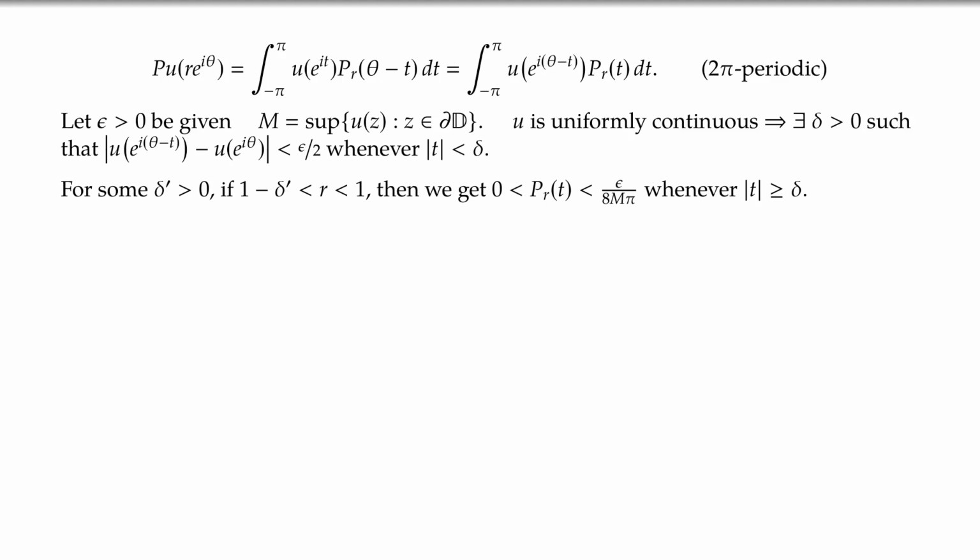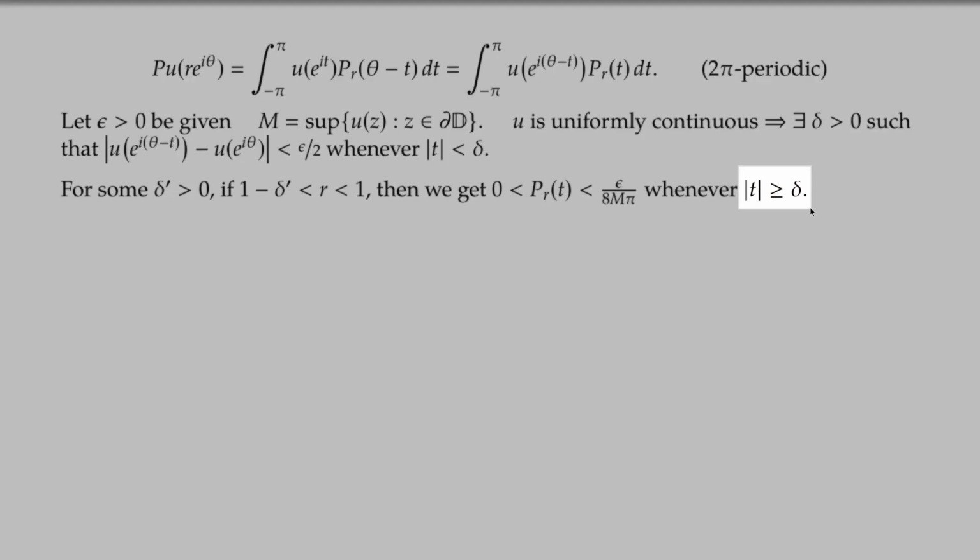Now, for some other delta prime, it doesn't have to be this delta. You could always, if you wanted to, make it the same delta. So for a large enough r, this is that third property in the proposition. We can make it on these two intervals.